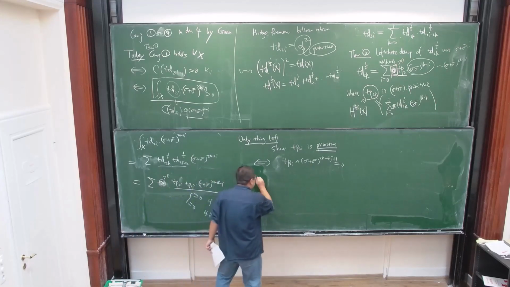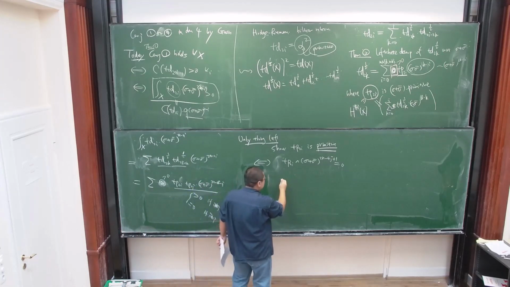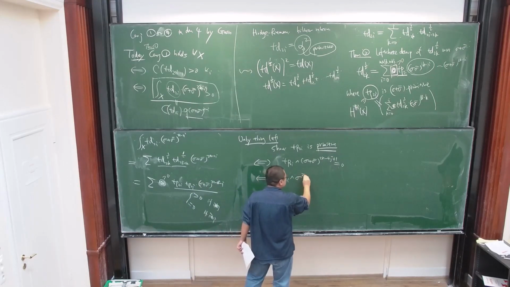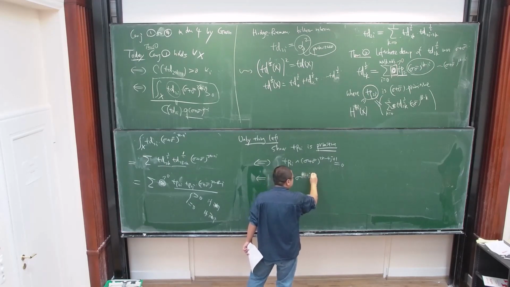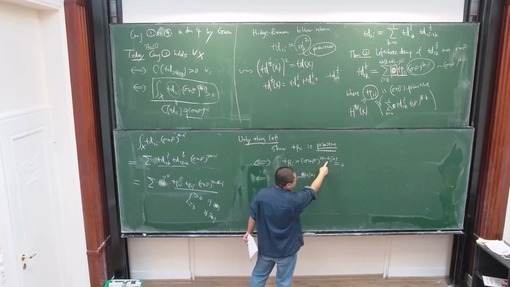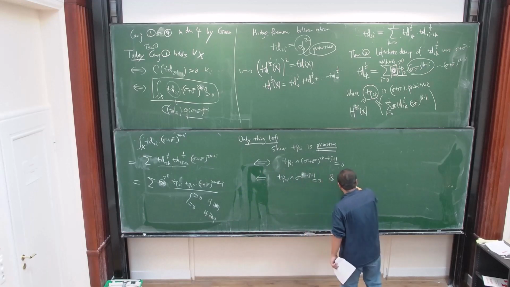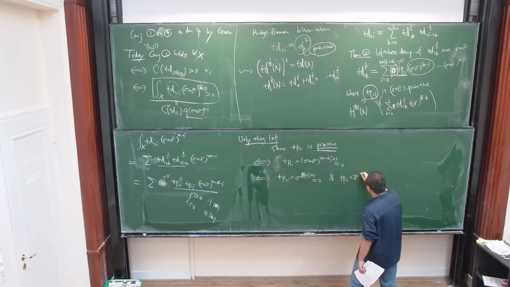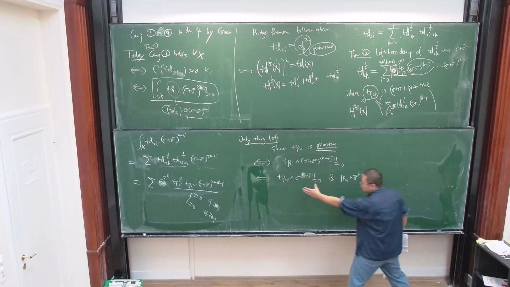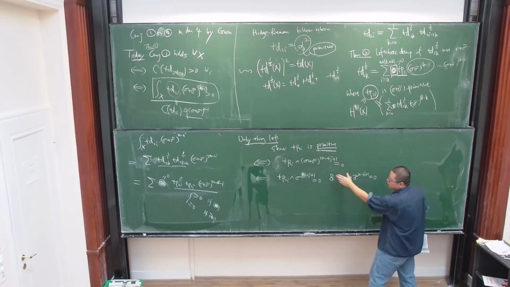But this is not equivalent. This is implied if we are lucky that sigma to the power n minus 2j plus 1, so this is almost half of this plus 1, is 0, and TP2I times sigma bar to the power n minus 2j plus 1 is 0. Right? So if we have these two are 0, then this is 0.